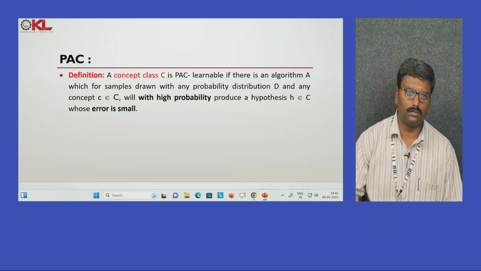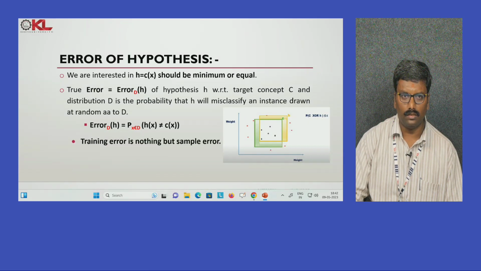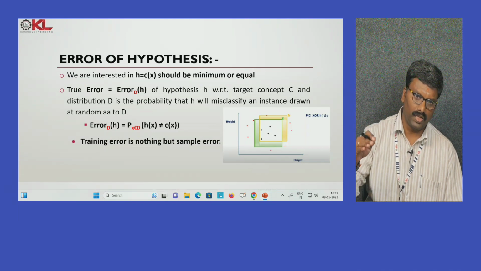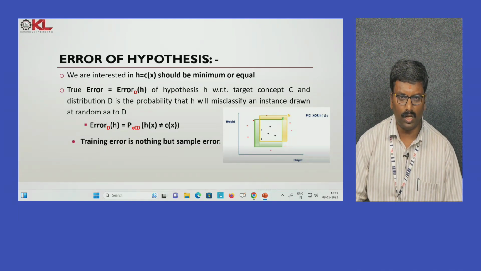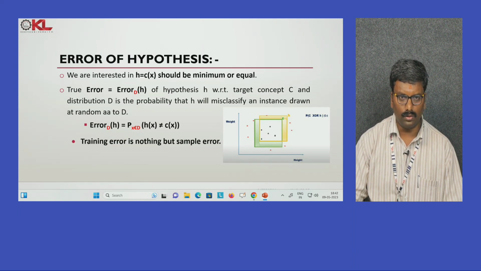And the next topic, the error of the hypothesis. The error of the hypothesis is the true error. In the previous concept we also defined the sample error and the true error.